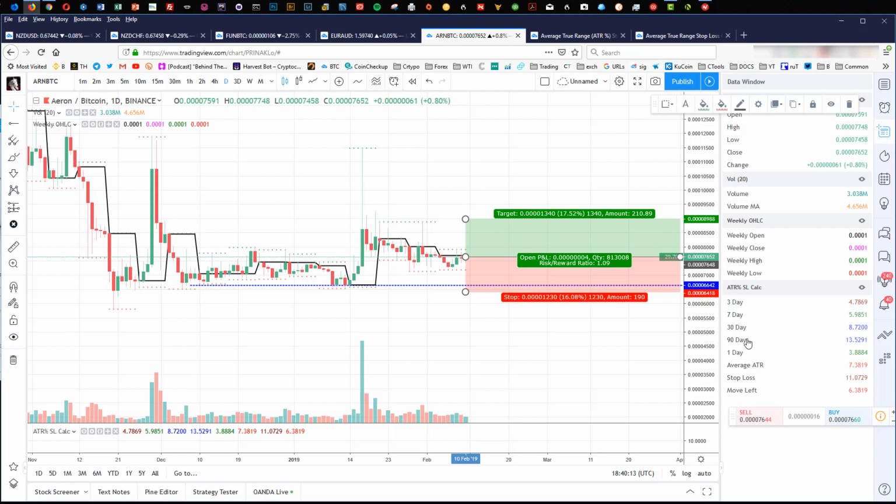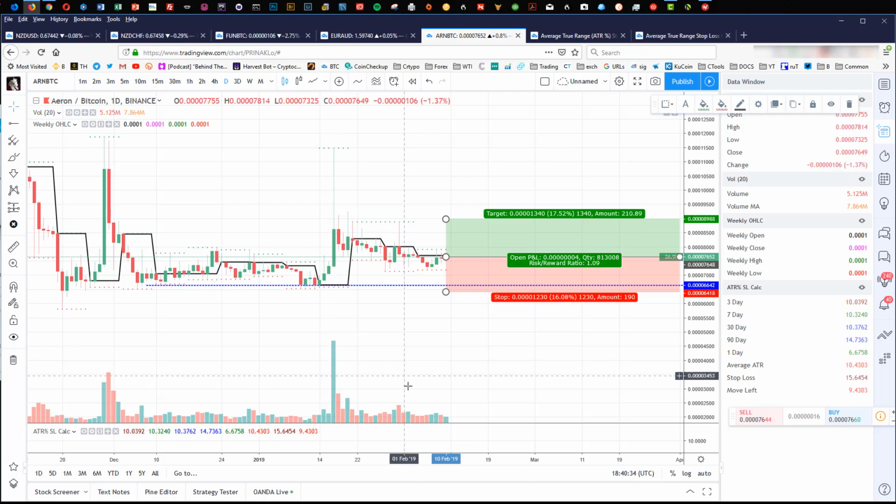The 90-day is a 90-day period ATR. There are other, better volatility indicators out there that you can use above the ATR.